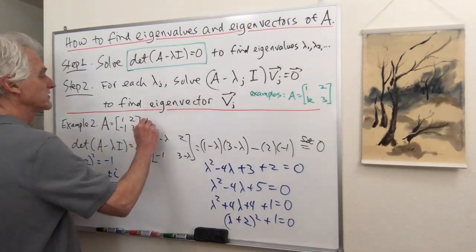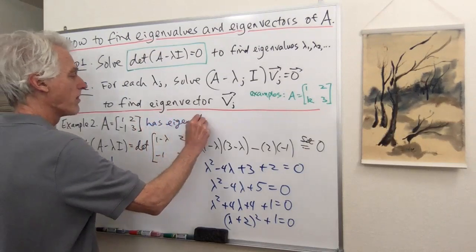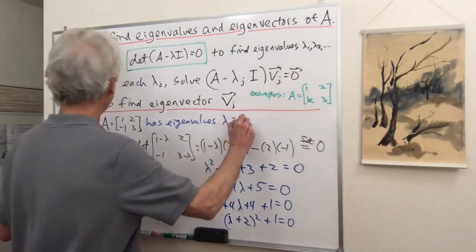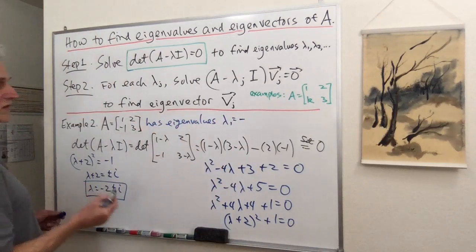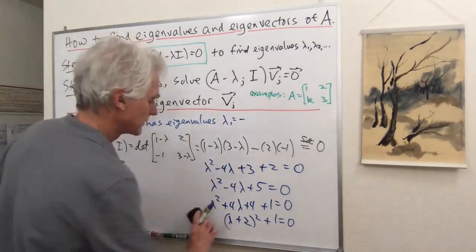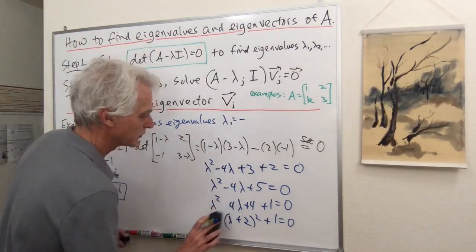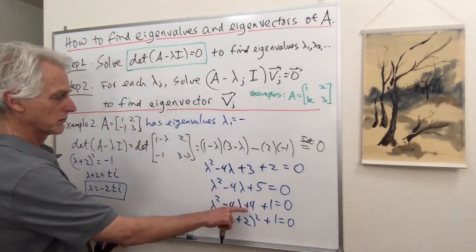So we get this thing has eigenvalues. Lambda 1 is negative... Oh, I screwed up. Oh, well. Hopefully it's not too bad to do. This is a minus 4, plus 4.